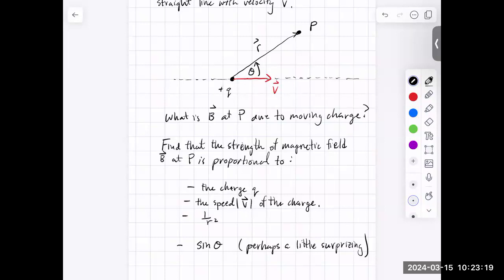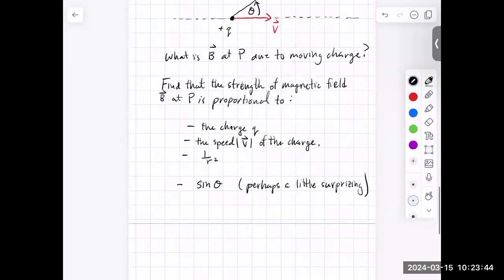What's the sine of 90 degrees? 1. That's the biggest possible value. So for a fixed r, the magnetic field is strongest exactly perpendicular to the path that the charge is following.